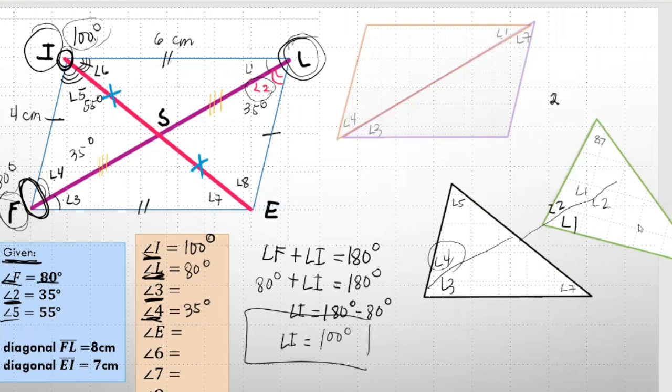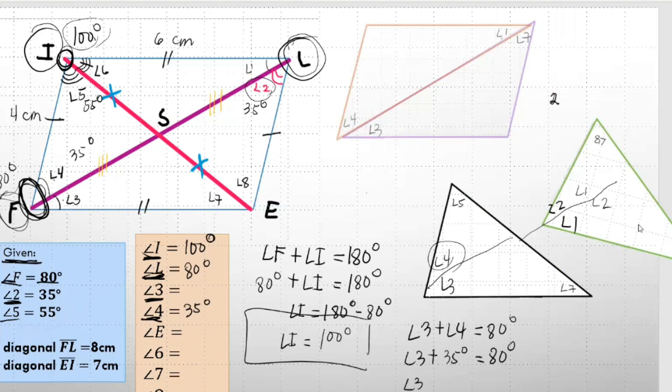So, ngayon, paano natin makahanap yung ating angle 3? So, since angle F is 80 degrees, dapat 80 degrees ang buong ito. So, ang gagawin natin, angle 3 plus angle 4 must be equal to 80 degrees. Since angle 4 is 35 degrees and angle 3 wala pa tayo, then it is equal to 80 degrees, transpose ulit tayo.